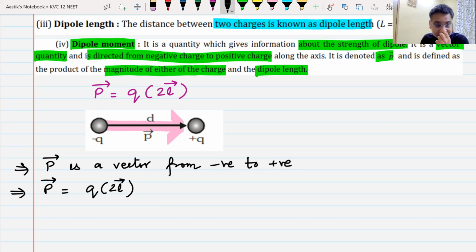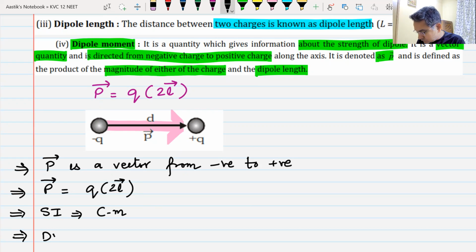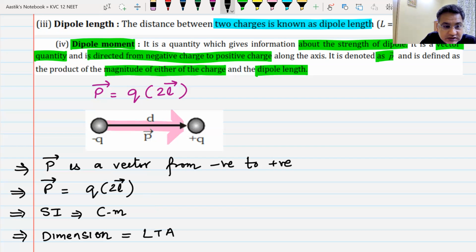Q is the charge. The SI unit is coulomb meter. Coulomb is charge, length is meter. The dimension becomes LTA. L stands for length, T for time, A for ampere.